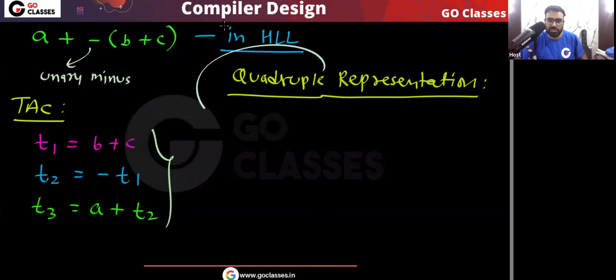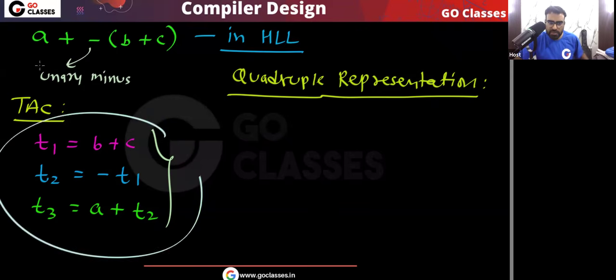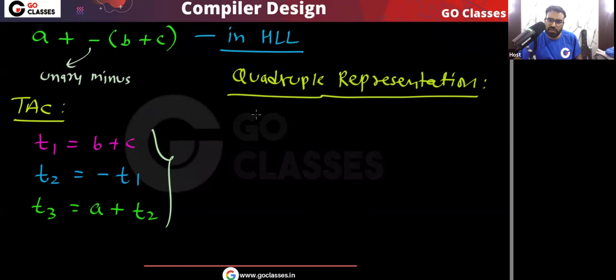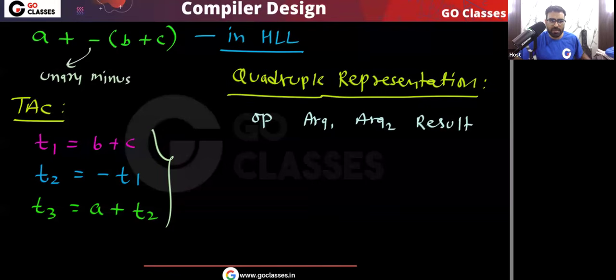Every record has four fields. So in the quadruple representation, to store any three address code instruction, we use four fields. What are the four fields? Operator, argument 1, argument 2 and result. Very simple. So in the quadruple representation, to store any three address code instruction, we use a total of four fields. These are the four fields.